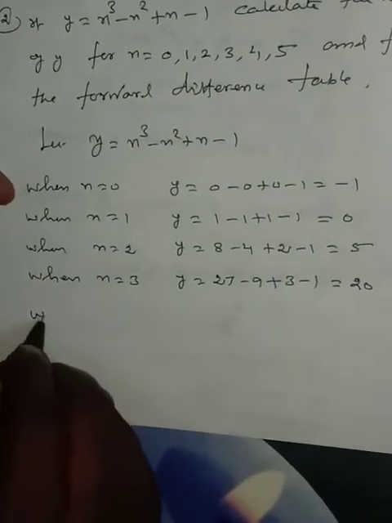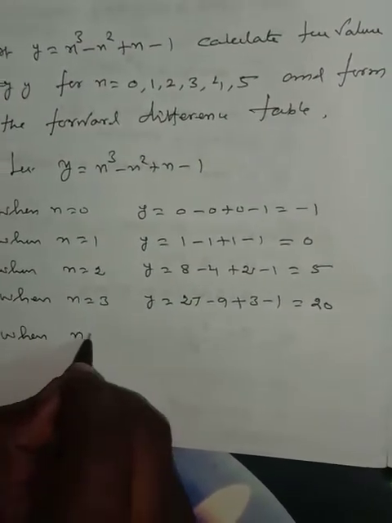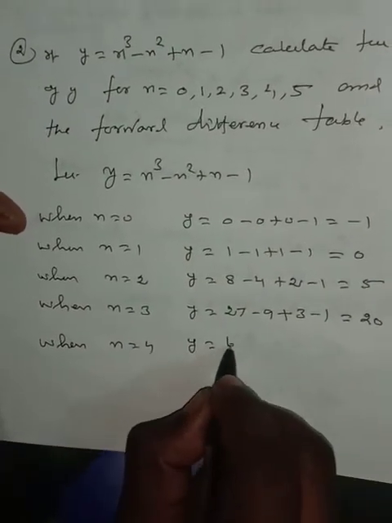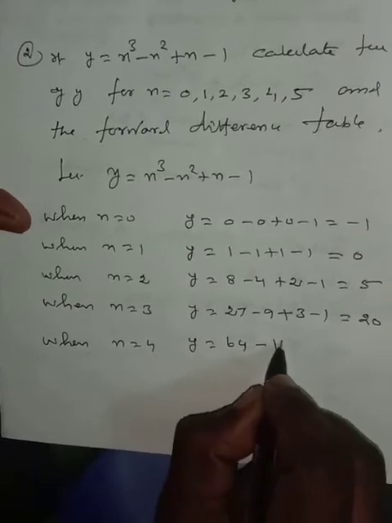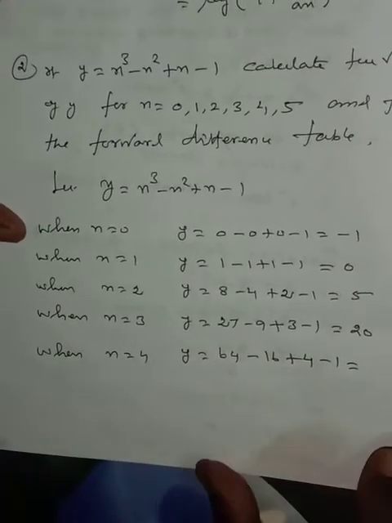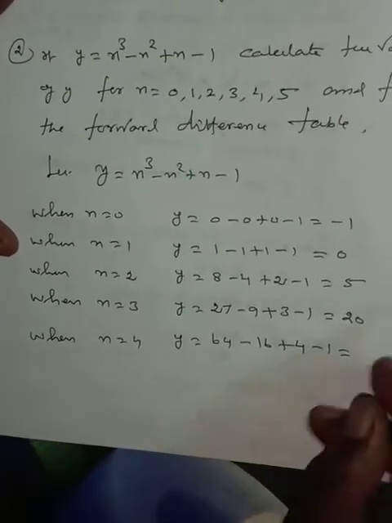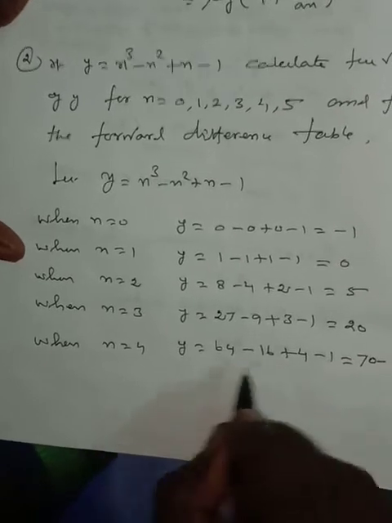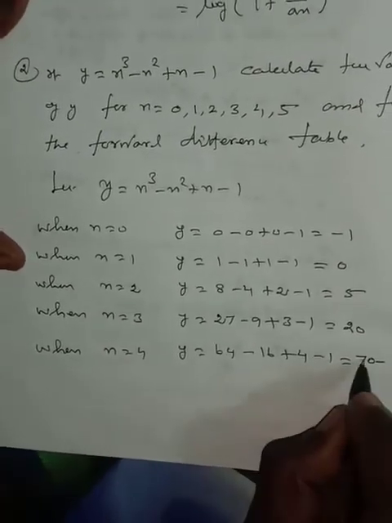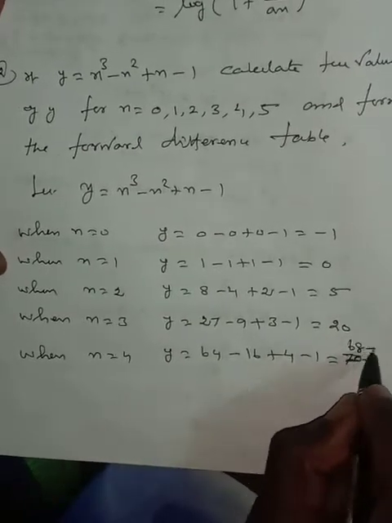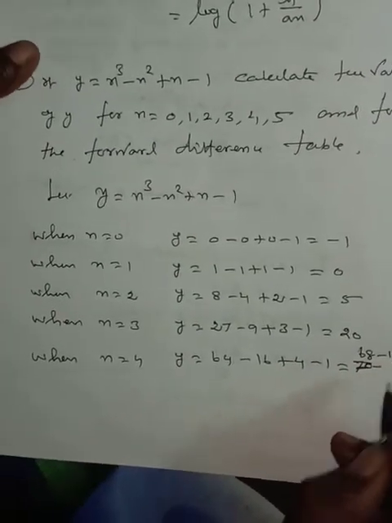Next, when x is equal to 4, y is equal to 64 minus 16 plus 4 minus 1, which is 64 plus 4 is 68, 68 minus 17 is equal to 51.